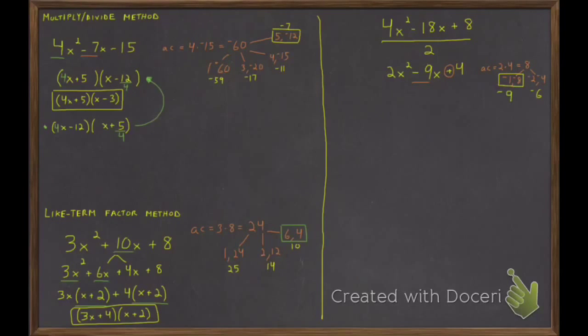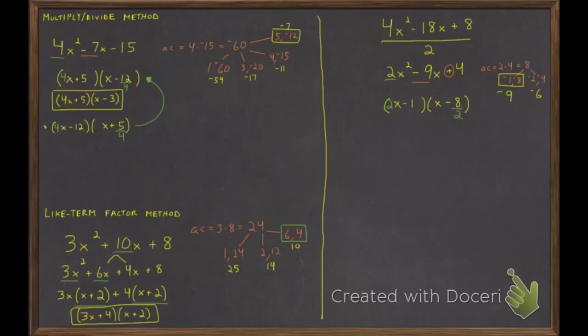Now, using the multiply divide method, we immediately have two parentheses. We put an x minus 1 and an x minus 8. And we look, what do we need the x times x to make x squared be? Well, we need that 2. So we put a 2 in front, and whatever we do on the left, we have to then do the opposite on the right.